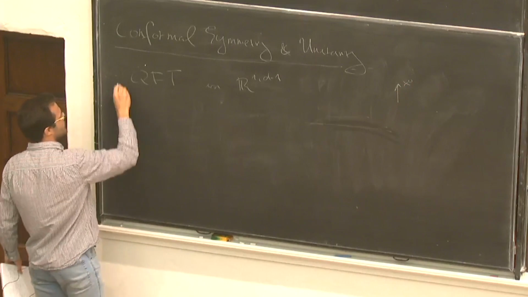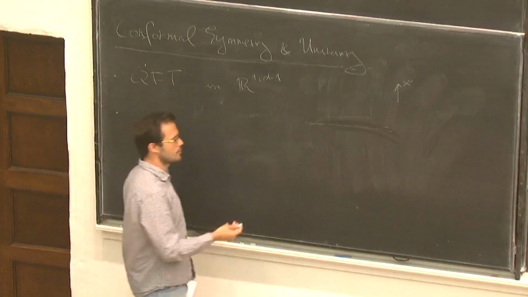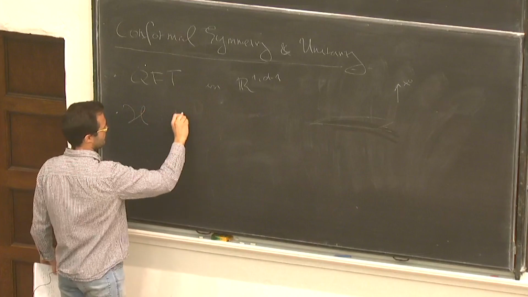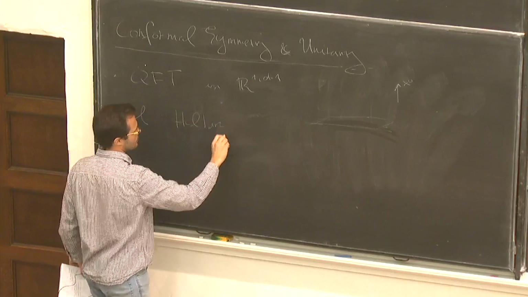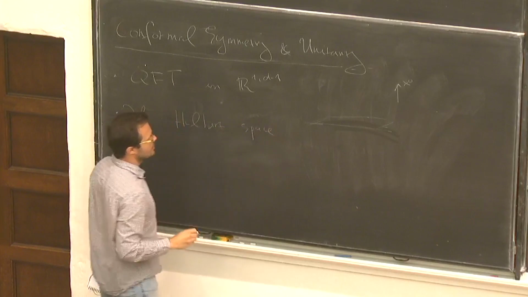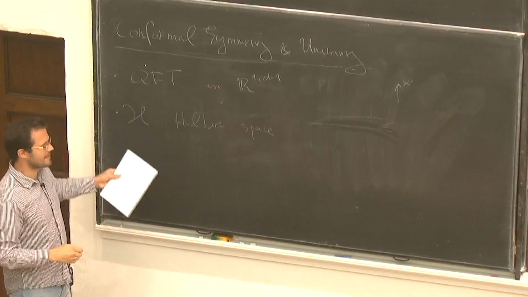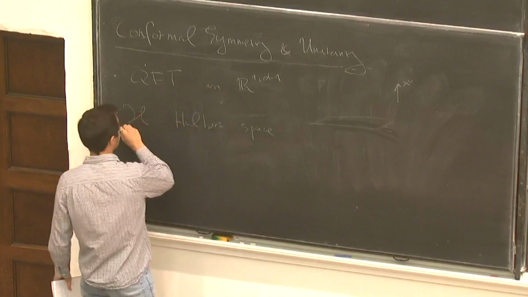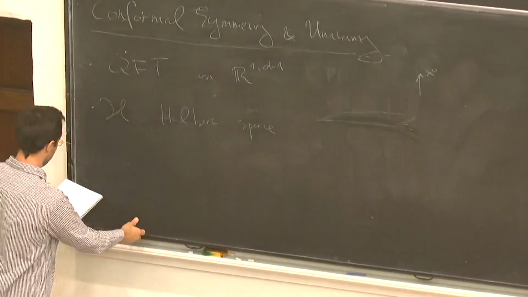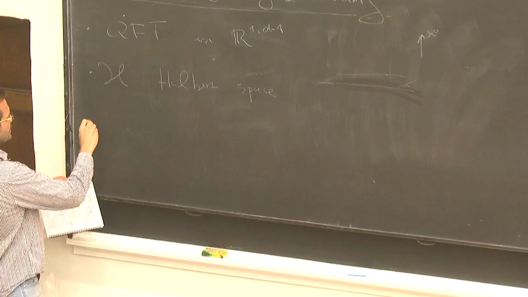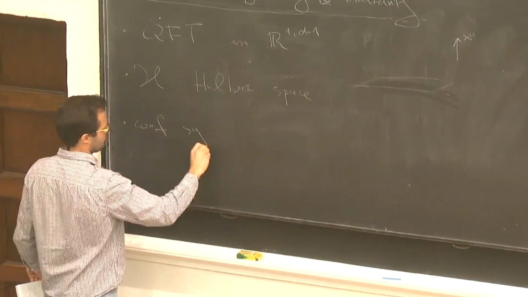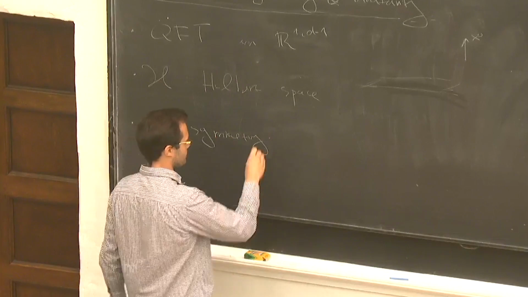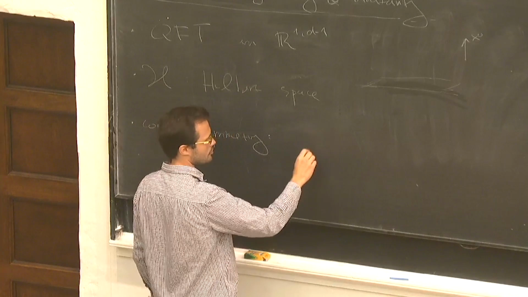Now the basics of quantum field theory teach us that there is an associated Hilbert space living on this spatial slice. And unitarity is just a statement that this is a Hilbert space, that there is a positive scalar product on it. Now, conformal symmetry means that the theory is invariant under certain geometric transformations.